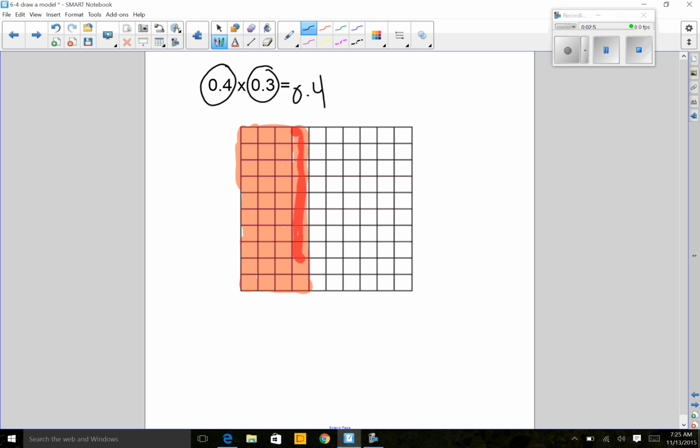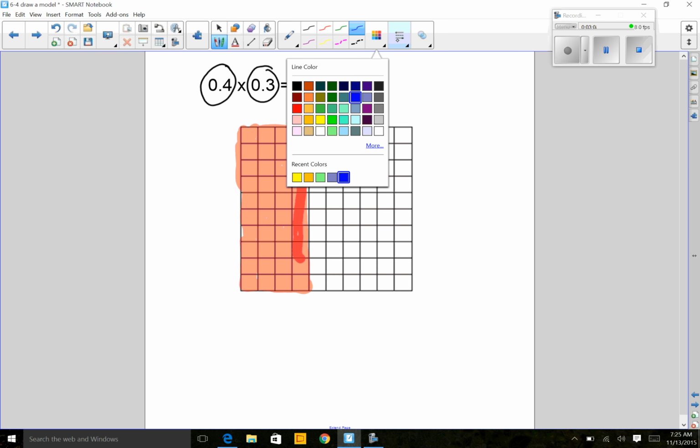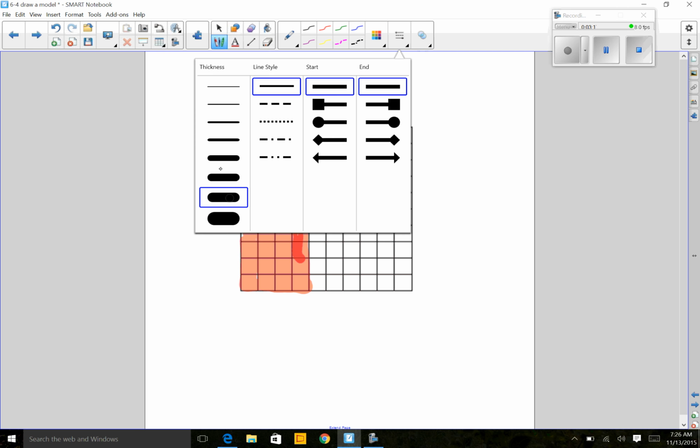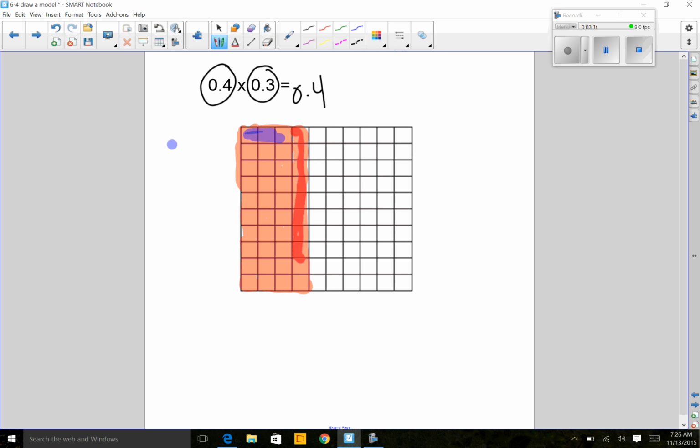In the other direction, I want 3/10 of that 4/10. I want 3/10 of that. So I'm going to go in the other direction. I'm going to color in 3/10. Oops, not thick enough. Okay, let's just color that in.